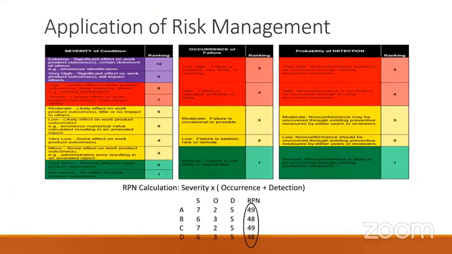So let's examine if risk management would have given us a different result if we evaluated using FMEA. So here we have the same matrix that I showed you before. Below we have the cross-functional team that is doing the evaluation. And you can see that the team has come up with rankings of 7 and 6 for the severity.